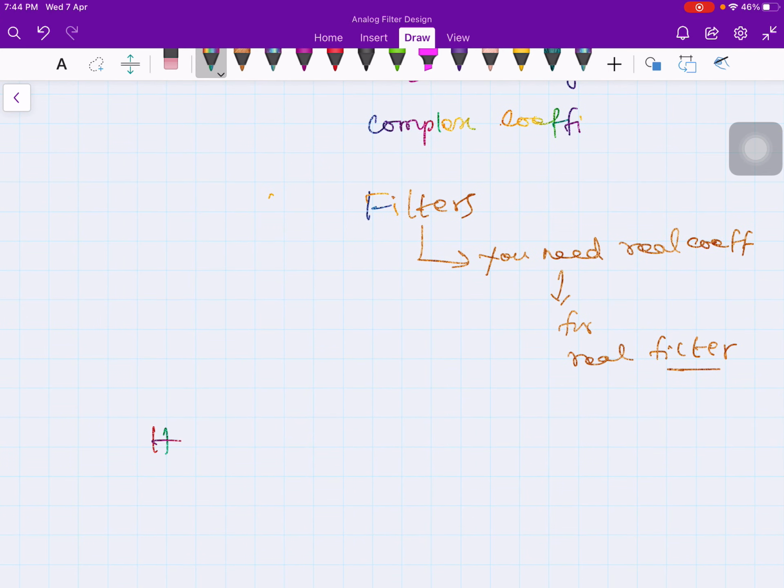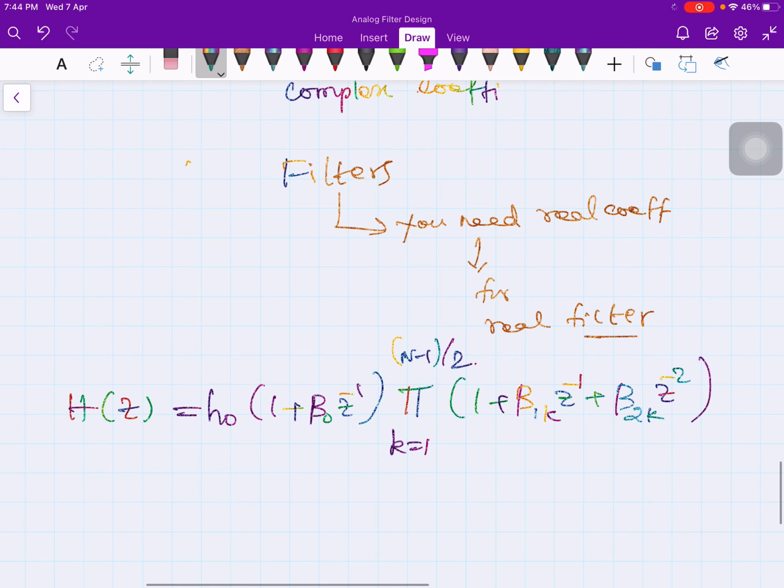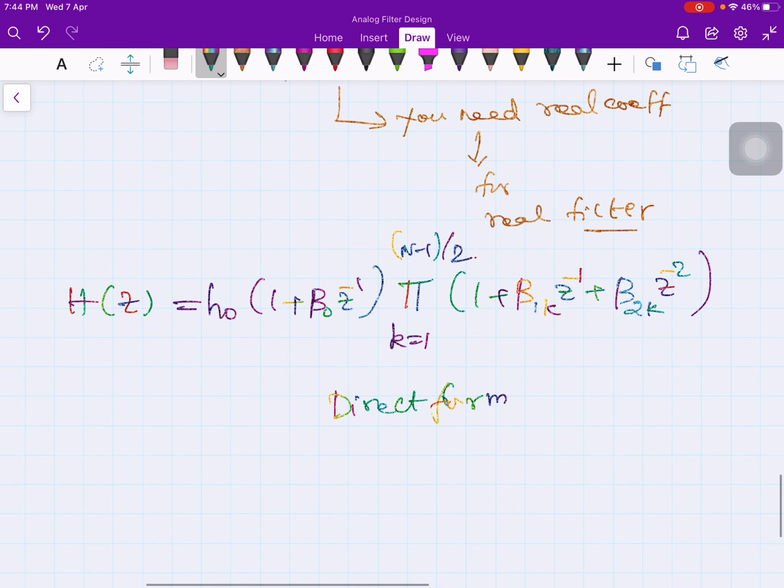Therefore H of z is equal to H naught times (1 plus beta naught z inverse) times the continued product of (1 plus beta 1k z inverse plus beta 2k z to the minus 2), k equal to 1 to how many factors? N minus 1 by 2 factors. And each of these factors can now be realized in the direct form, or its transpose form, whatever form you like.